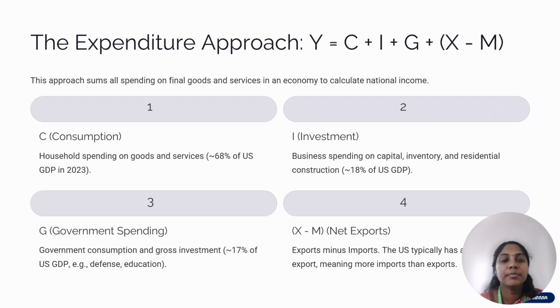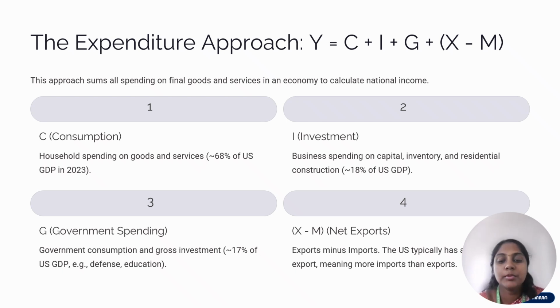Next, we have the expenditure approach of calculating the national income. This approach sums up all the spendings on final goods and services in an economy to calculate the national income. The summing of all spendings like consumption, investment, government spendings, and net exports.